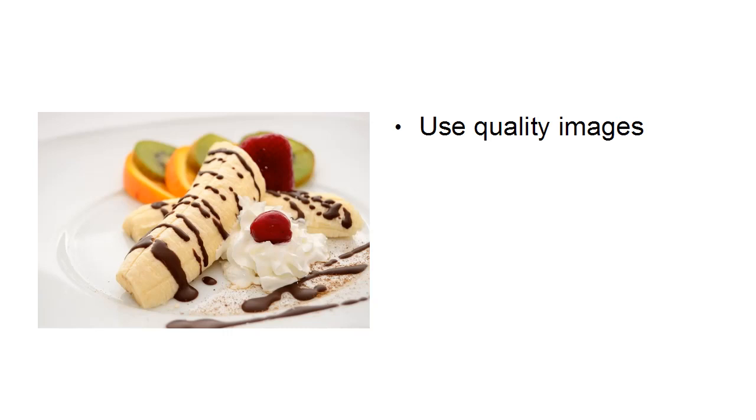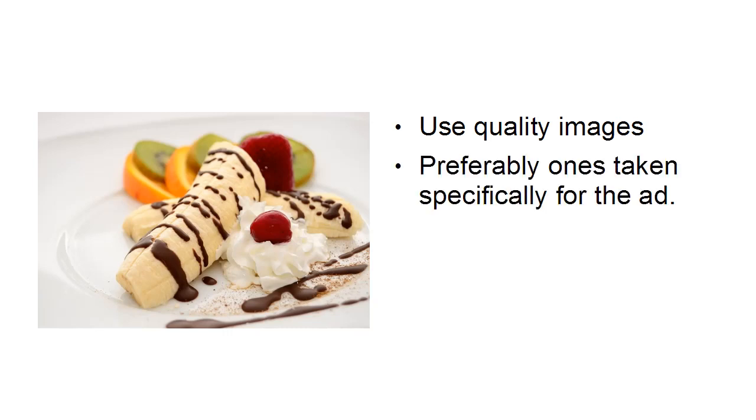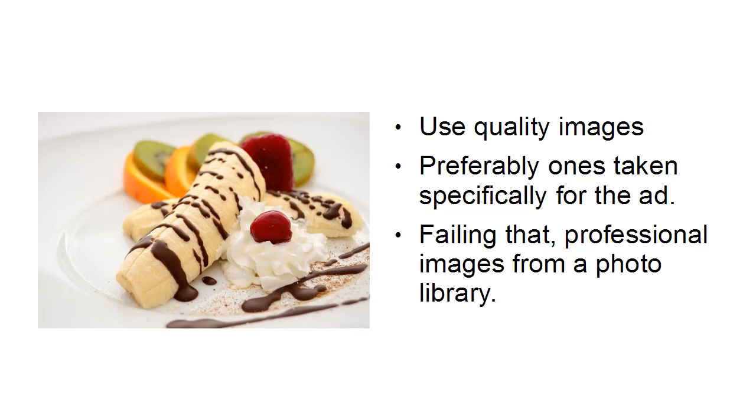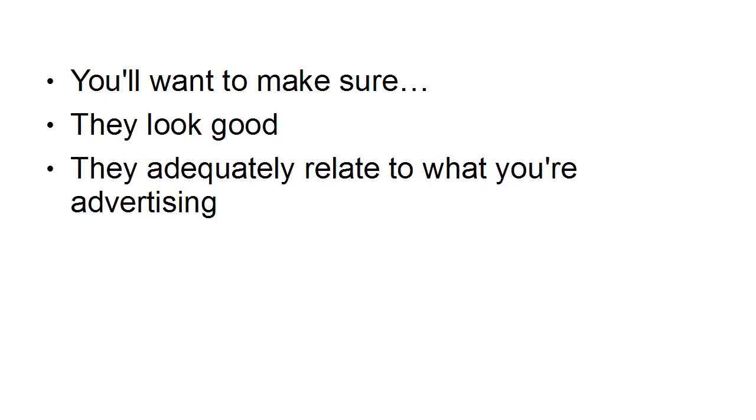So when you're using images, you should use quality images. Preferably, you should use ones taken specifically for the ad. Or failing that, you want to get some professional images from a photo library, and there are lots of them online. But you want to make sure, first of all, that they look good. Secondly, that they adequately relate to what you're advertising.